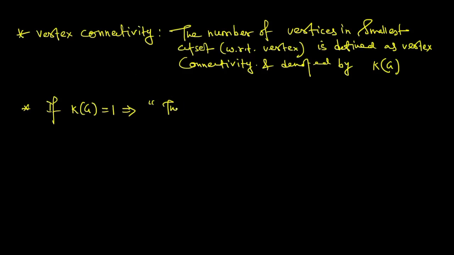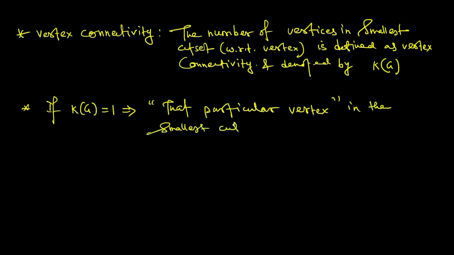So that particular vertex in the smallest cut set is known as articulation point.